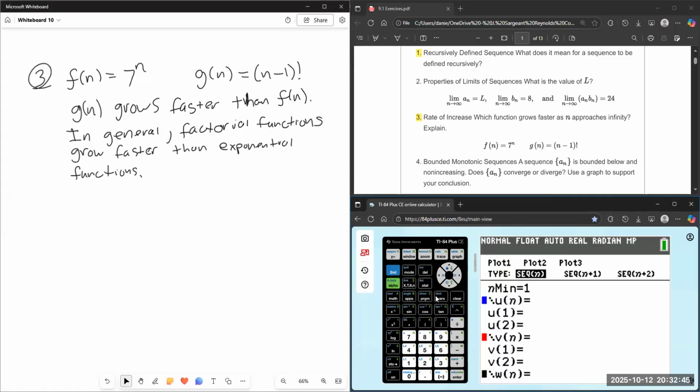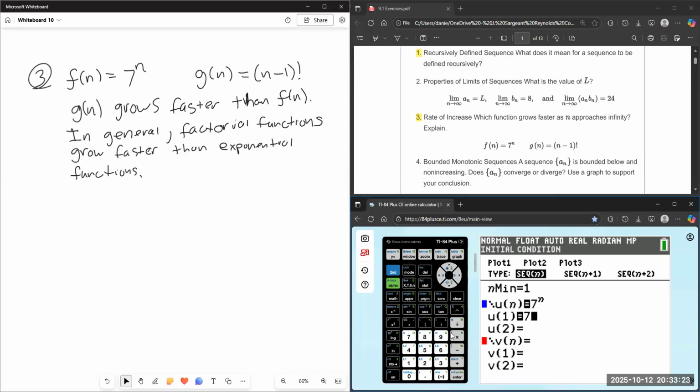So let me show you here that this is 7 to the n right here. I'll give it to the calculator that n min is 1, and my sequence of n is what I want. I can also do a sequence of n plus 1 or a sequence of n plus 2.